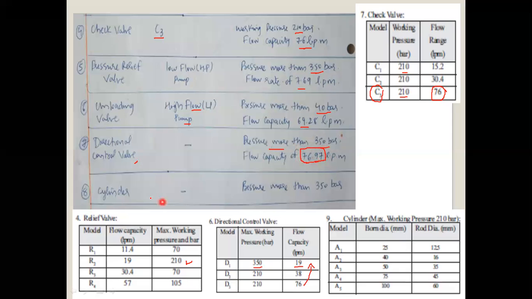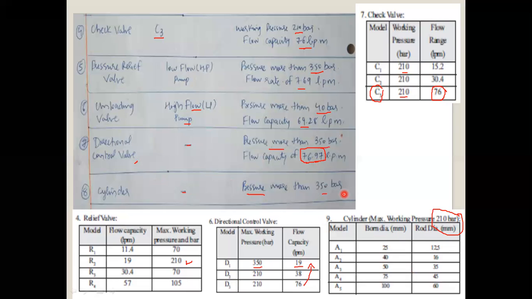Then the selection of the cylinder. I'm writing here as dash nil, and the rest will be the same. For the cylinder, the maximum working pressure is 210 bar, but our system pressure is 350 bar. So we have to select beyond this catalog, and I am writing the pressure as more than 350 bar.